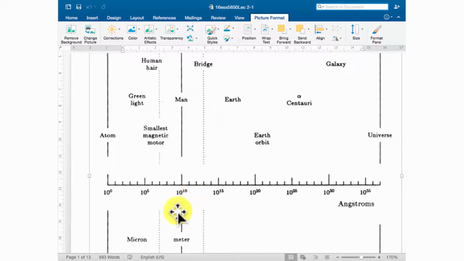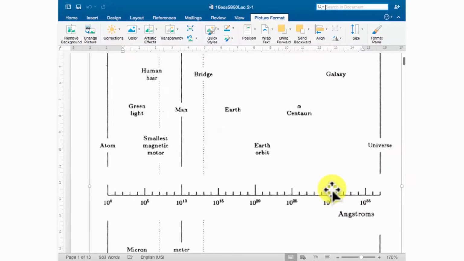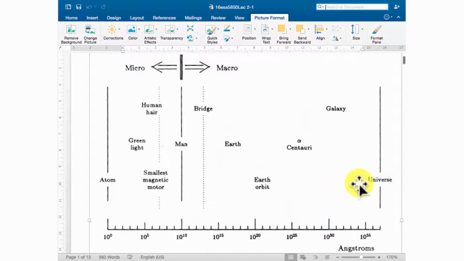Okay, beyond this meter level, we have different scales, ranging from 10 to the power 10 Angstrom up to 10 to the power 36 Angstrom. That means the universe. So our universe is much larger than the human being, and between them we have many different objects.